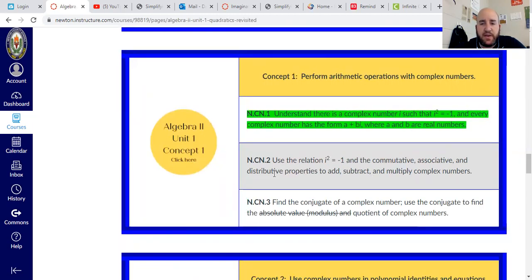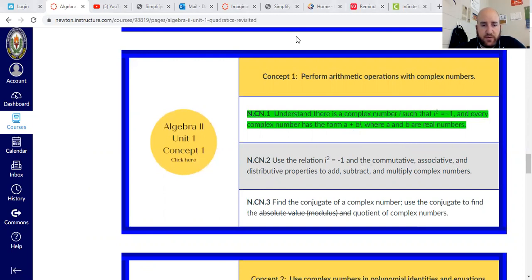The distributive property is used when I'm multiplying complex numbers. This a plus bi kind of looks like a binomial, right? So, you know, x plus 2 or x minus 5 kind of looks like that. So we can use the FOIL method or the box method to multiply those. But again, that's going to be the next video. You know, if you're watching this over the weekend, that's going to be this upcoming week.